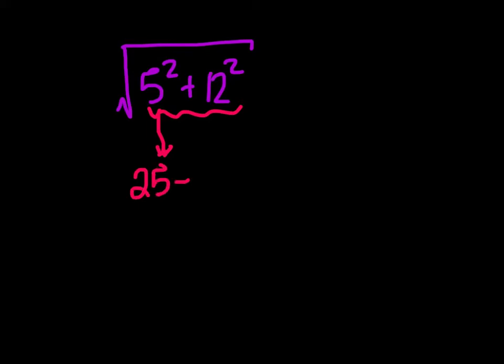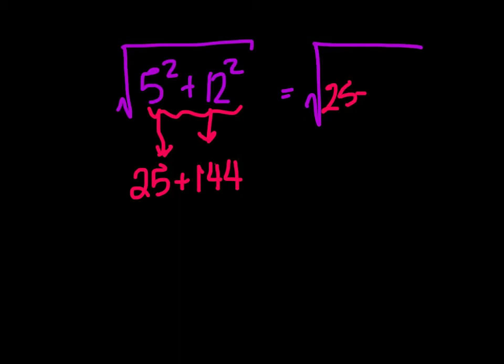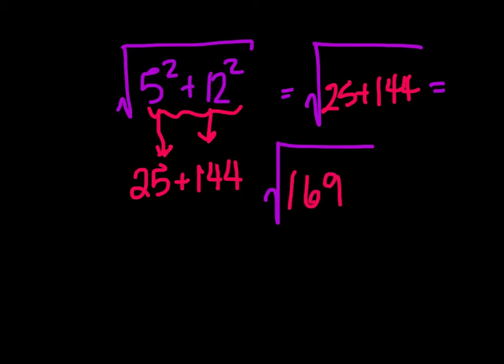We have 25 plus 12 squared, which is 144. So we have the square root of 25 plus 144, which is also equal to the square root of 169, which equals 13. Final answer.